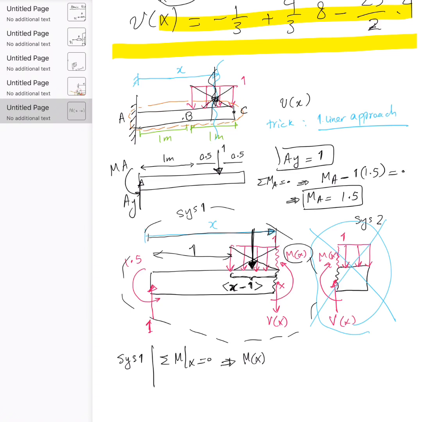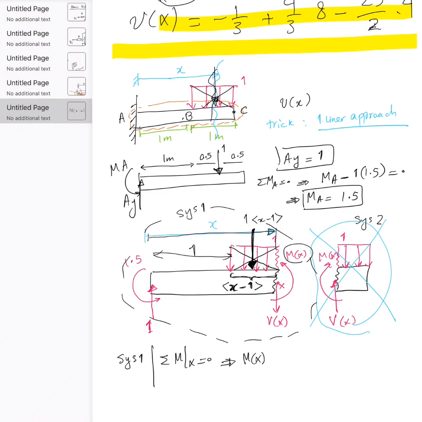So back to the question, what is the magnitude of this point load that I'm going to replace it with? Well, the answer is the area under this part of the distributed load. The area is the top, which is 1, times the base, which is Heaviside x minus 1. So 1 times Heaviside x minus 1 is just the magnitude of this load. And what is the point of action of this point load? At what point should I put it?